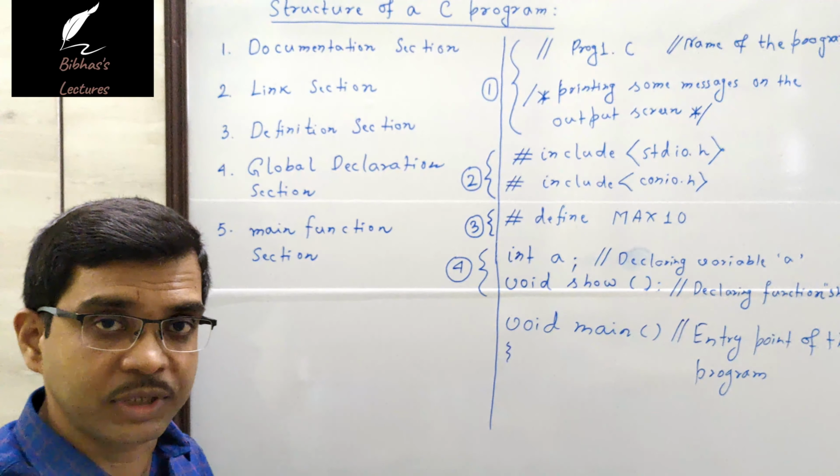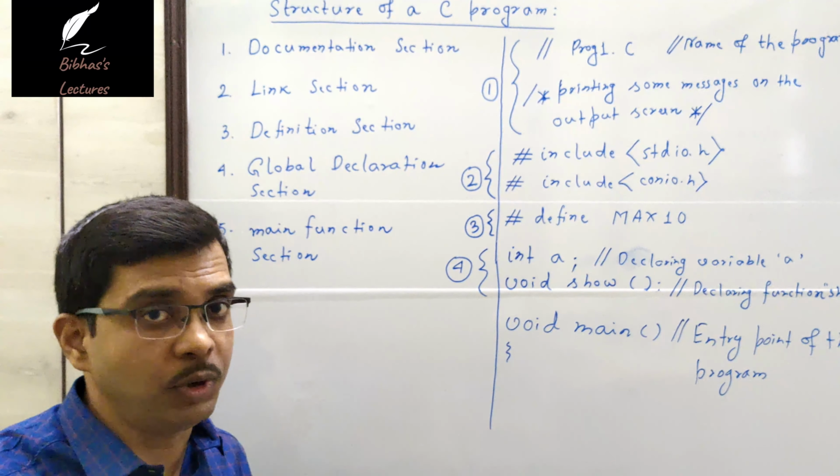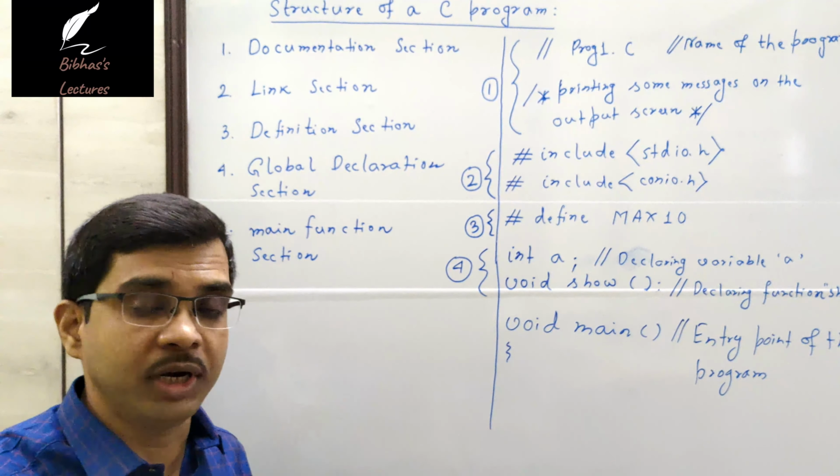One thing is most important: in a C program you will have one and only one main function. You cannot have more than one, because otherwise the compiler will get confused, since main is the entry point of the program.